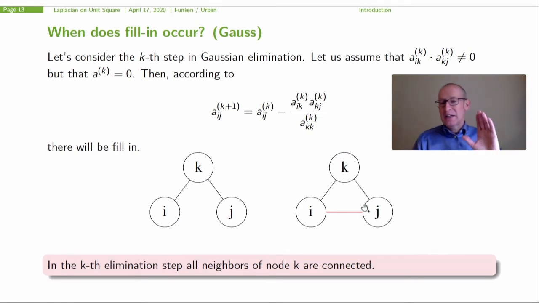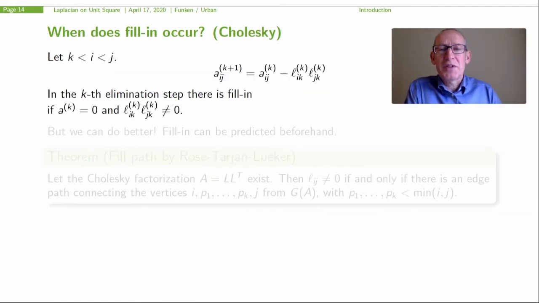So we can keep track if we always update the adjacency matrix in our elimination process, or in advance, if we do some symbolic eliminations, we can predict where non-zero elements will occur. So what is the situation in the Cholesky procedure?